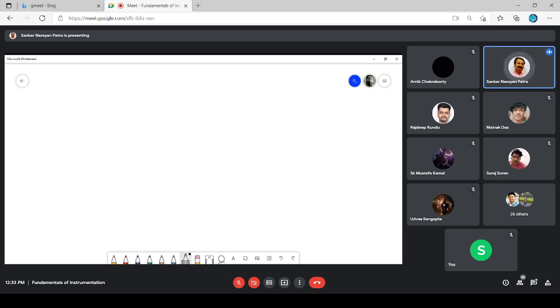Now the question is that this is a criterion or property of an instrument which helps you select the instrument for a particular application area. So the most important part here.